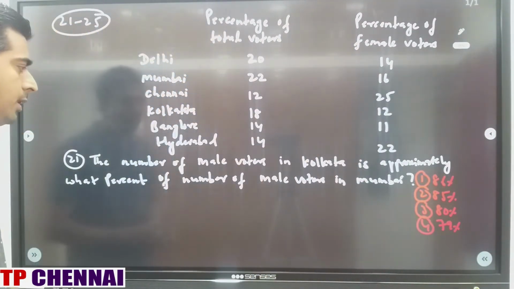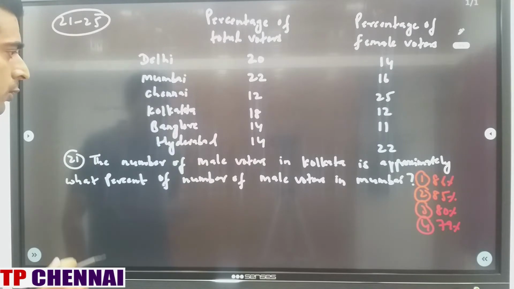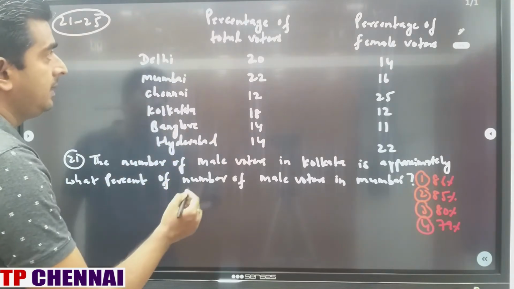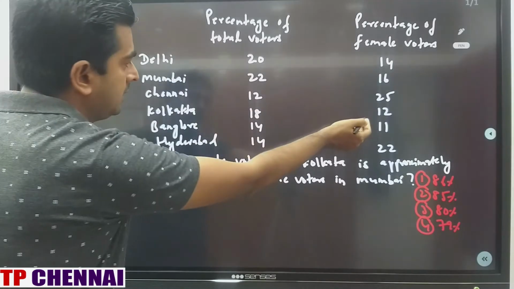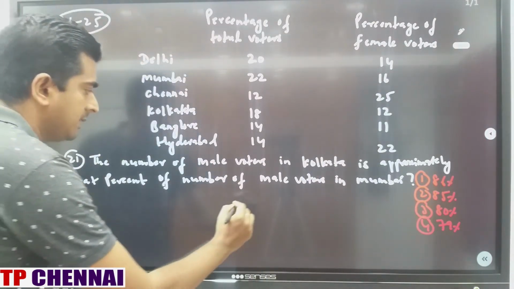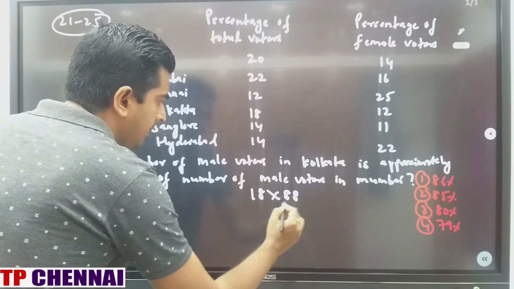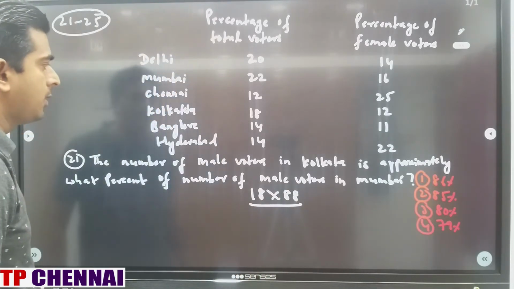First one, the number of male voters in Kolkata is approximately what percent of number of male voters in Mumbai? So Kolkata, what is the value? 18%, and if female is 12%, then what about male? 100 minus 12, 88%. So 18 into 88 divided by male voters in Mumbai.